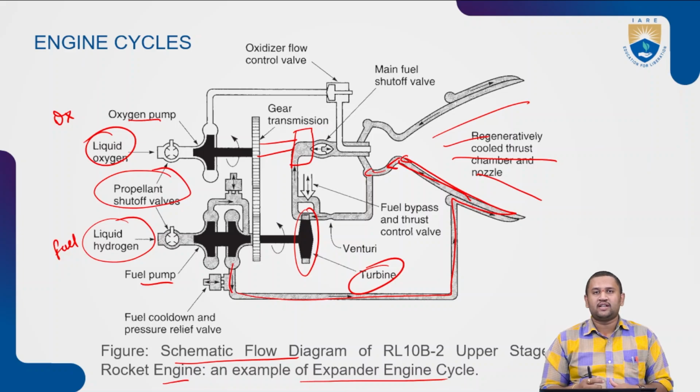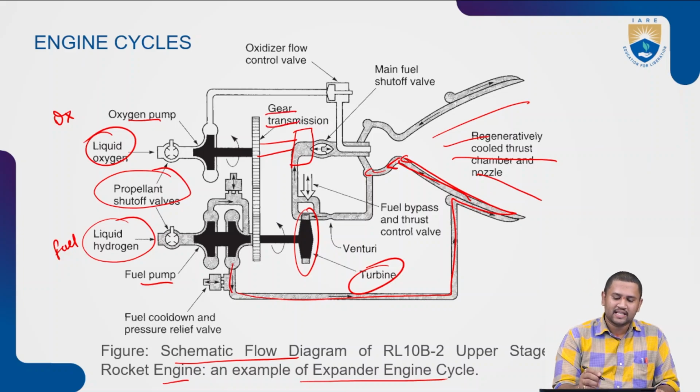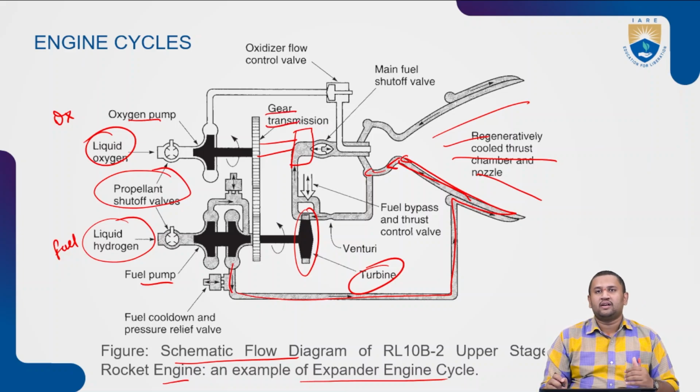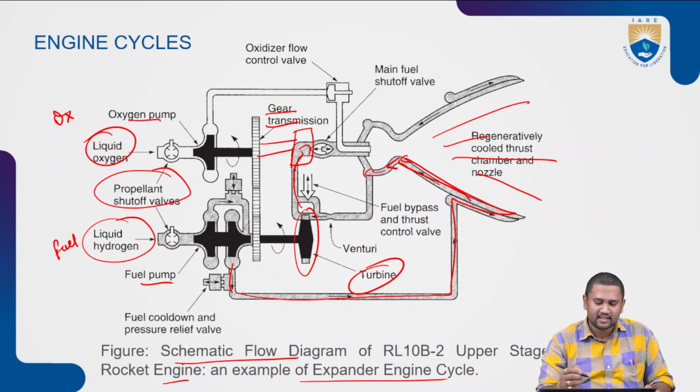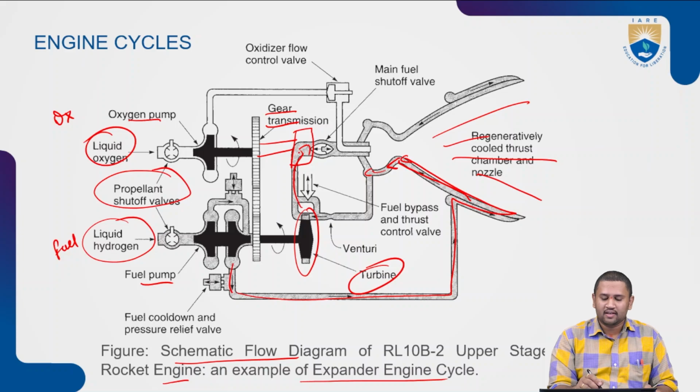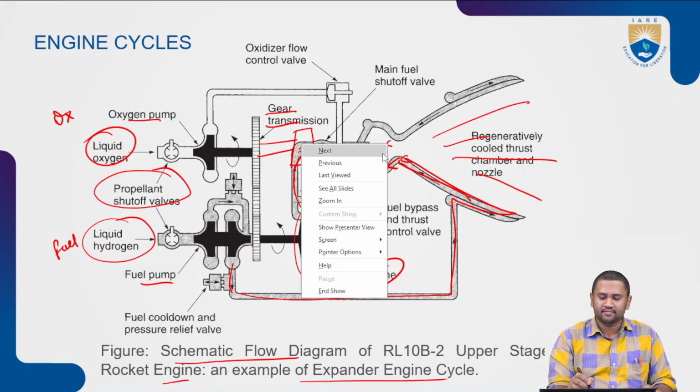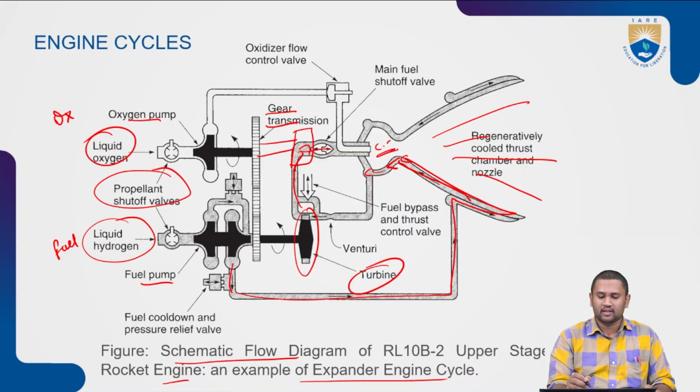In case of only one turbine, we will be using a gear transmission to transmit the power from one of the pumps to the other pumps. Now, what happens during this? As the gas passes through the turbine, a small expansion of the liquid hydrogen occurs, and the gas, with any additional fuel as and when required, is sent towards the combustion chamber, right?